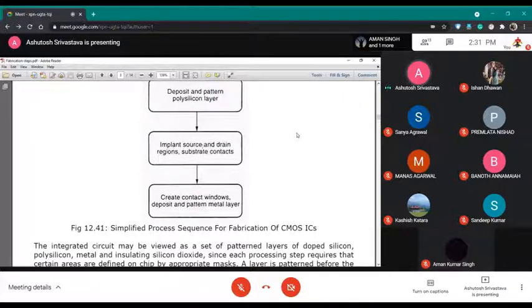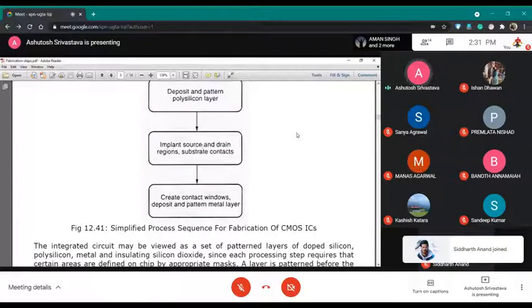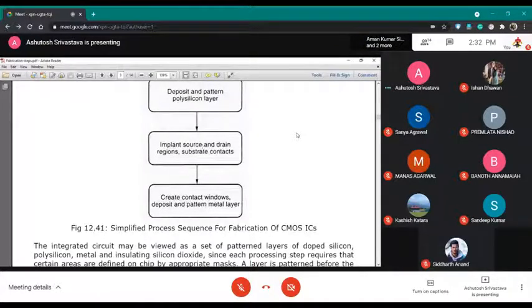Since it is a 4-terminal device, the remaining 3 areas where you need to develop the contact windows, deposit and pattern the metal layers would be the source, the drain, and the gate.